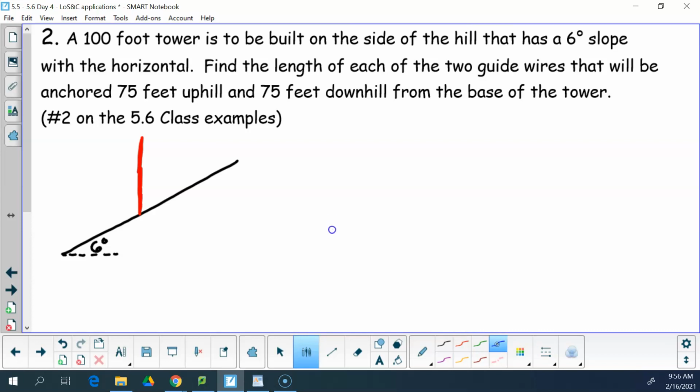Then we're going to place 75 feet up the hill and 75 feet down the hill. We're going to place these guide wires. We need to know how much wire to spool out of our spool to figure that out. All right. We know that the tower is 100 feet too.